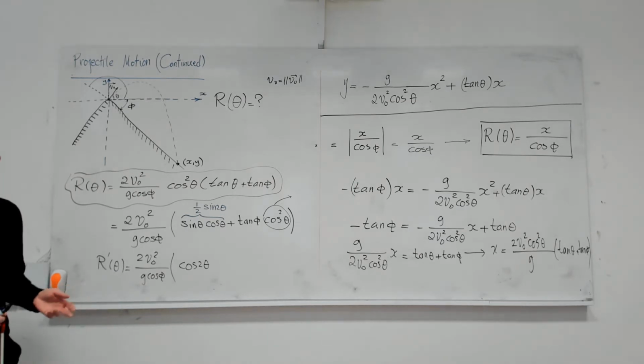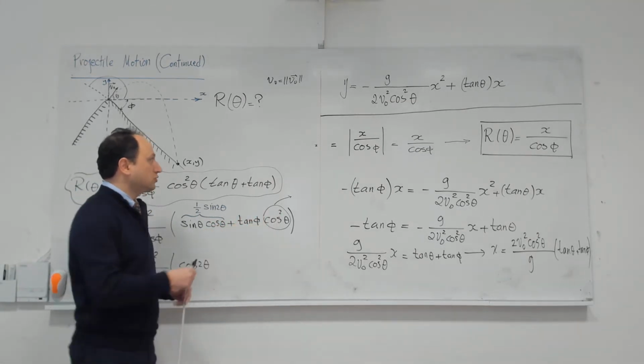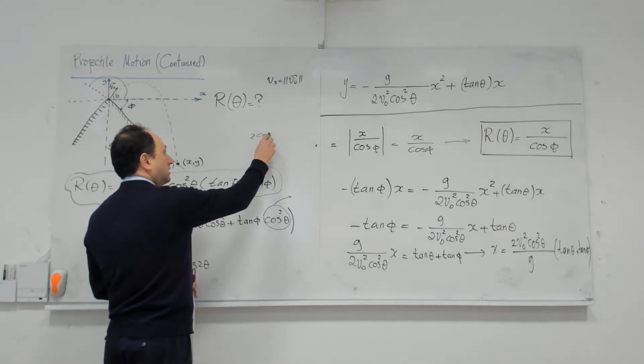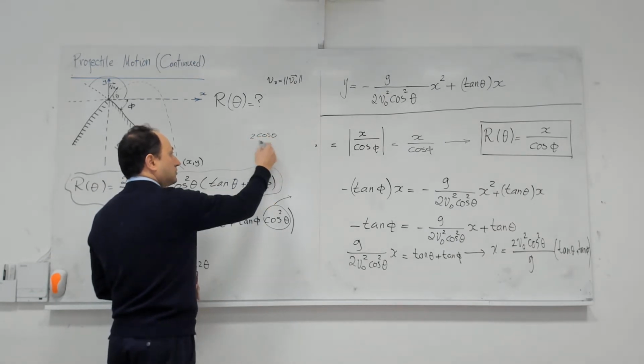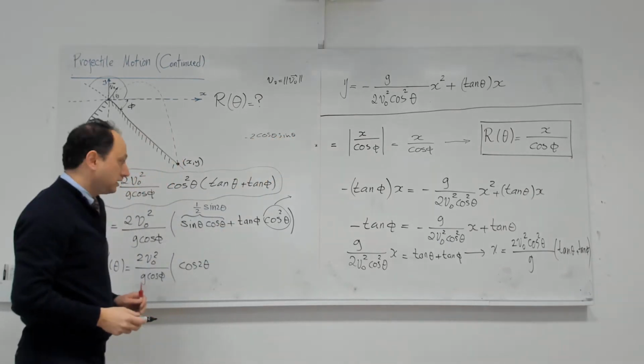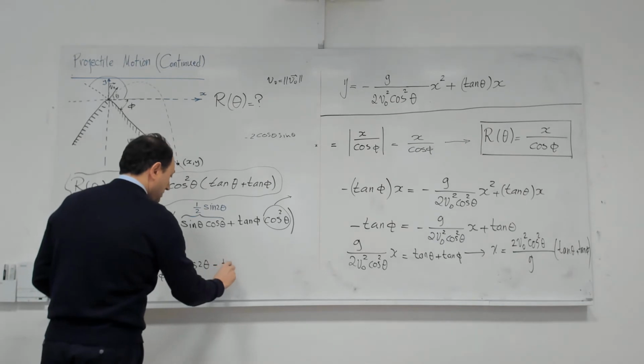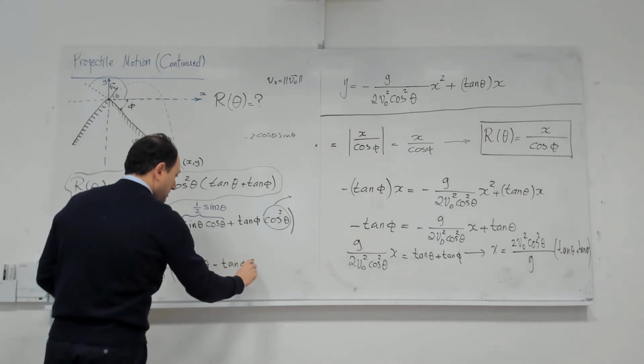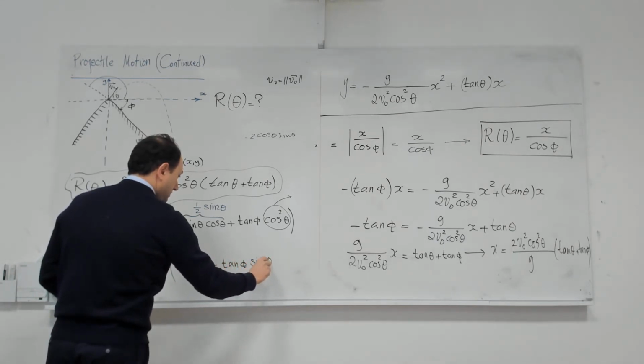Minus sine 2 theta. Yes? Because the 2 goes down, cosine theta, but by the chain rule I have to multiply by the derivative of cosine, which is minus sine, and then it becomes minus sine 2 theta. So this becomes minus tangent phi sine 2 theta, yes?